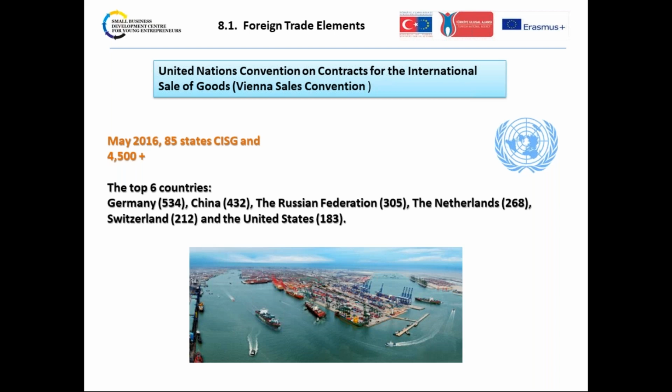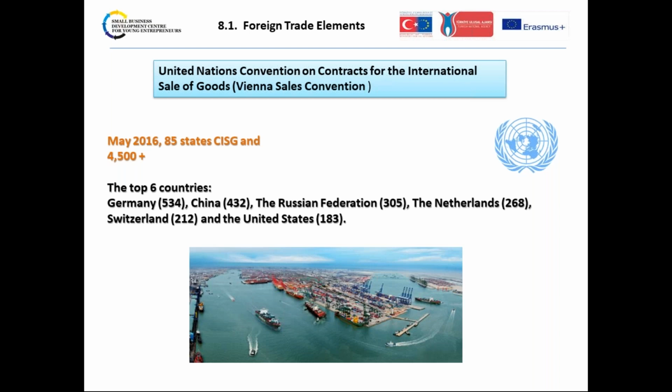So I just want to give you some statistics. The Convention on the International Sale of Goods, the CISG, plays an important role in the globalization of contracts. For example, as of May 2006, 85 states have adopted the CISG, and more than 4,500 cases worldwide have addressed its application.